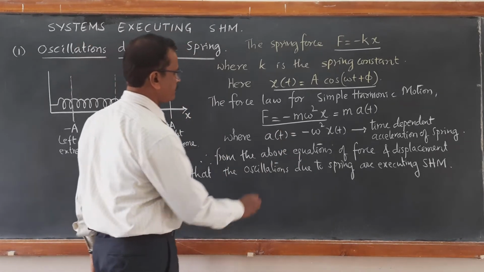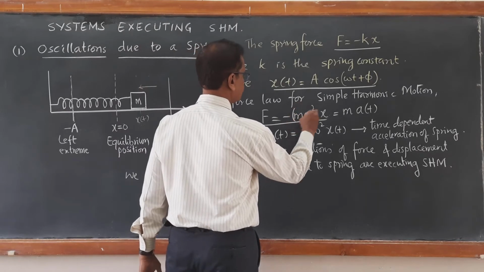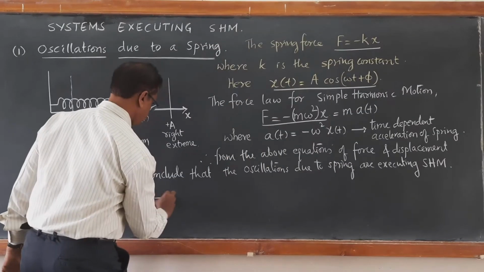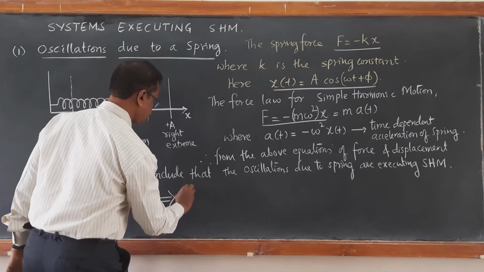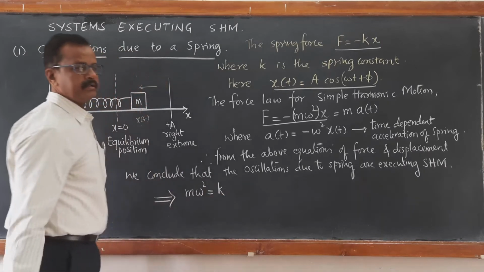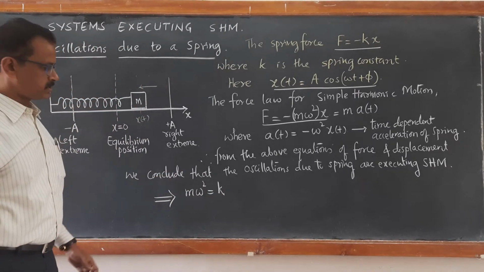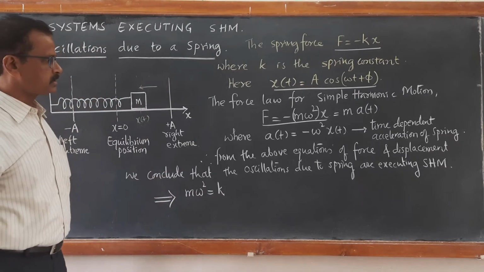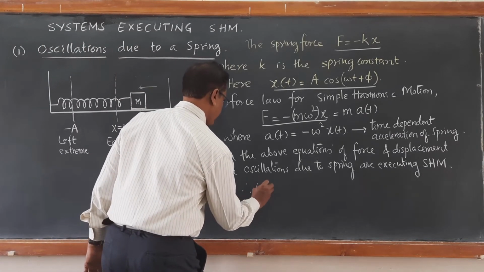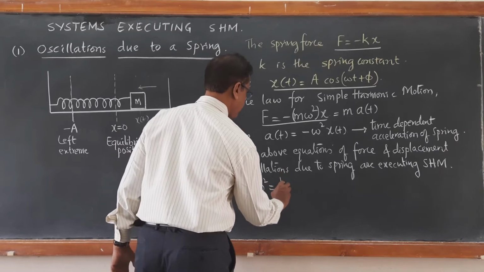Therefore, when you compare this, we state that m omega square must be equal to k, where k is the spring constant or force constant. Therefore, omega square is equal to k by m.